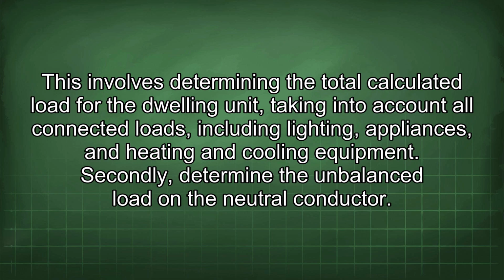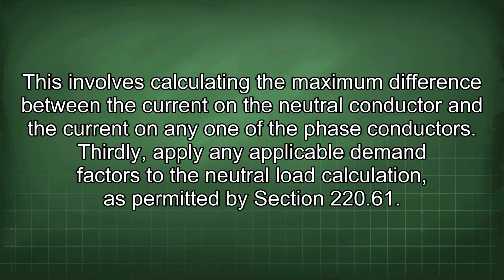Secondly, determine the unbalanced load on the neutral conductor. This involves calculating the maximum difference between the current on the neutral conductor and the current on any one of the phase conductors. Thirdly, apply any applicable demand factors to the neutral load calculation, as permitted by Section 220.61.